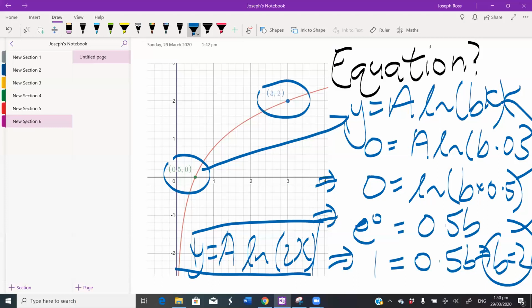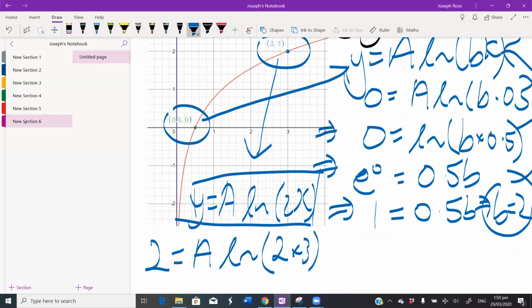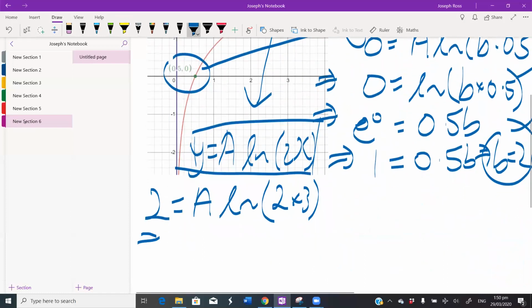Now we need to substitute in the point (3, 2). So y is 2 equals a ln of 2 times x, where x is 3. Working out 2 times 3 inside the ln, we've got 2 equals a ln of 6.